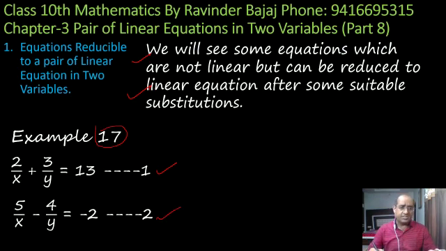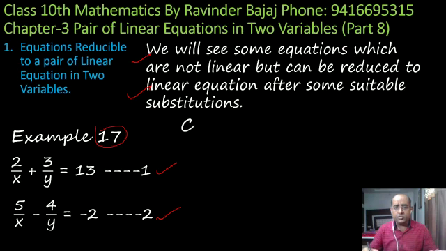Now in these equations, x and y are in the denominator. If x and y are in the denominator, their power will be minus 1. You know a linear equation's degree should be 1, so if x and y are in the denominator, these are not linear equations.